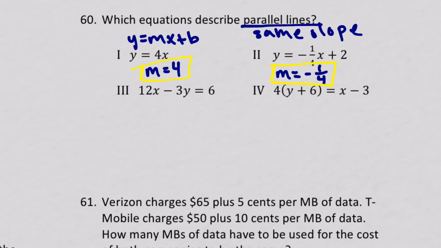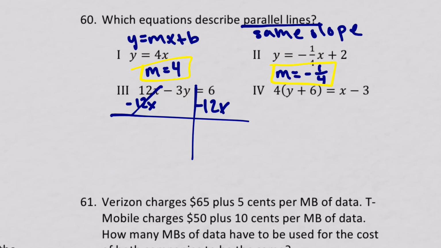Let's look at 3. 3 is not in slope-intercept form. It's in standard form. So I can't tell what the slope is until I change it into y equals mx plus b. I want to isolate the y. So the first thing I'm going to do is subtract 12x from both sides.